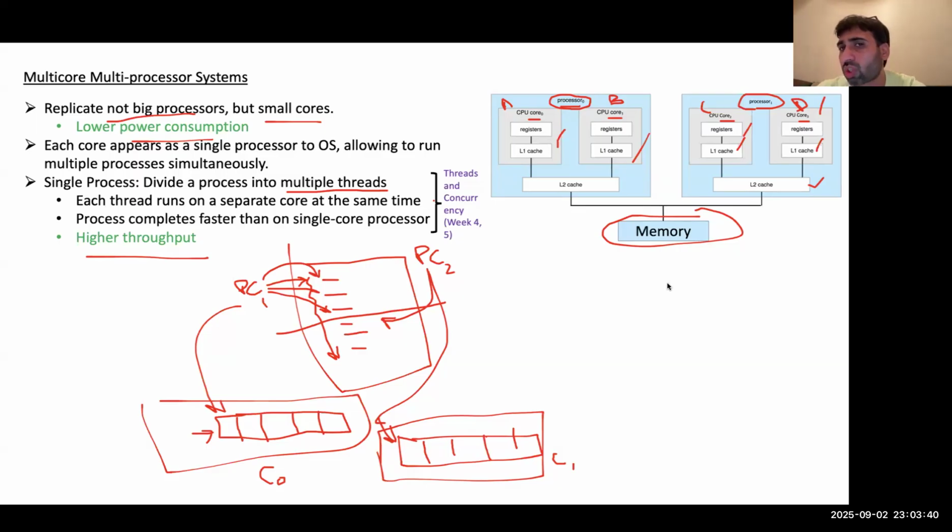But then compare it with the situation where, let's say, the size of the L2 cache is small and it cannot hold all the data which is needed by A and B. That basically means that data is brought from memory into the L2 cache, and when there is no more space, older data is moved out of the L2 cache and put in the memory, and new data is again brought from memory into the L2 cache.